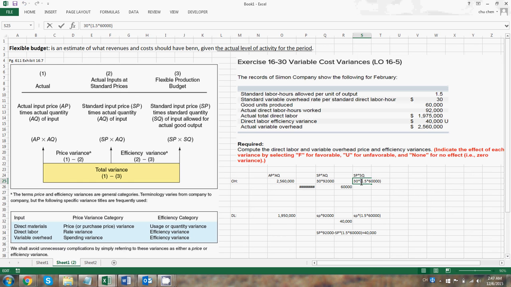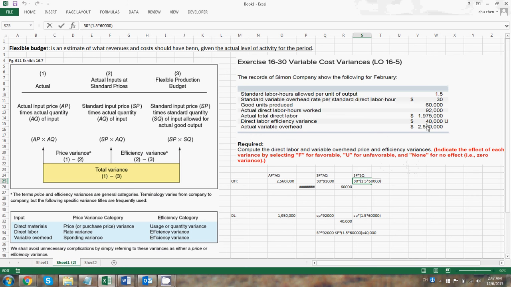The actual output is 60,000, and the standard labor hours allowed per unit of output is 1.5. So we use 1.5 times 60,000 to get the SQ, the standard quantity for the actual output. That's how we do it.